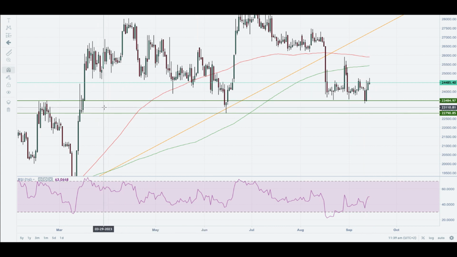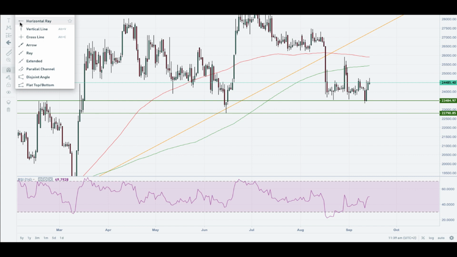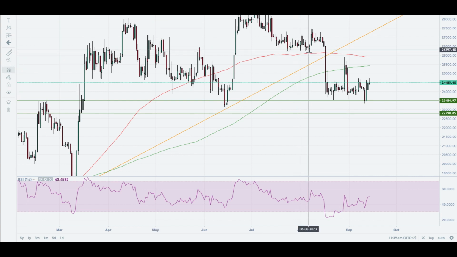So we are moving to the newest market data. We got this big demand zone located between 22,790 and 23,484, and this demand zone was tested 3 times already. Nevertheless, there is no new local high made after the test of the zone, which means that the outlook remains bearish.